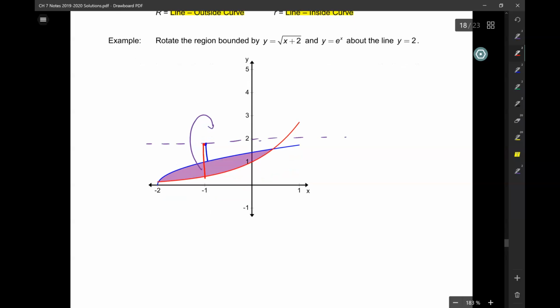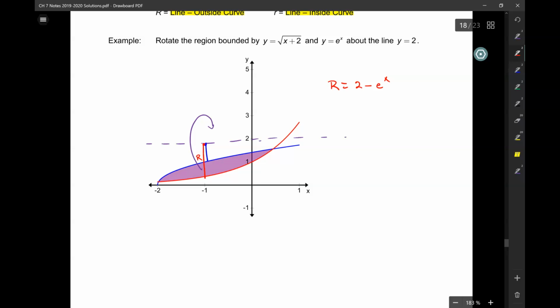In this case, big R is the red. So again, it doesn't change from what we were doing before. The generic radius is upper minus lower. Now, the radius is upper, the line, minus lower. So 2 minus e to the x.